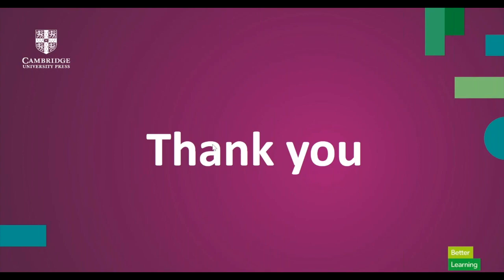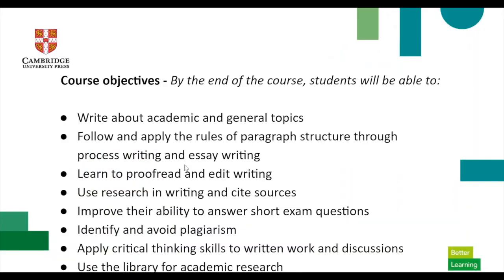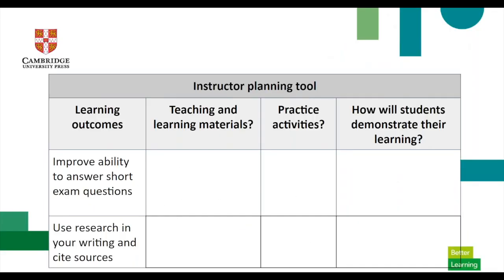The tool here, the instructor planning tool, can be used for any course. It's really quite basic: learning outcomes, and so the learning outcomes for the CLIL course, if it's engineering, if that's what I heard you say.